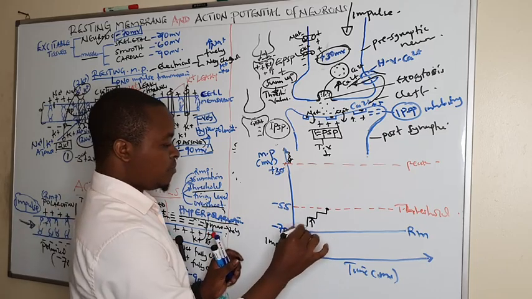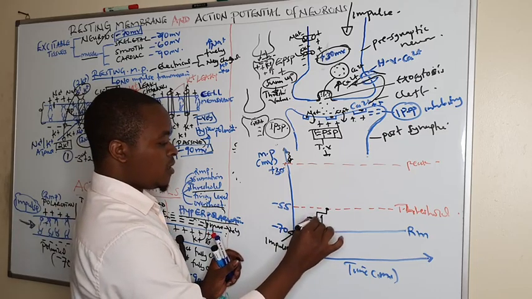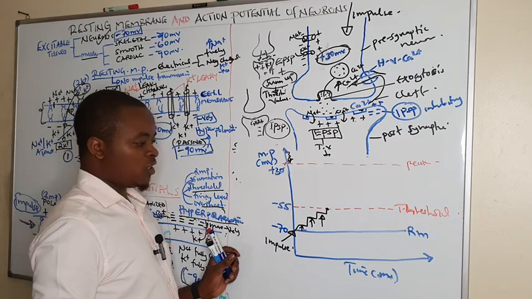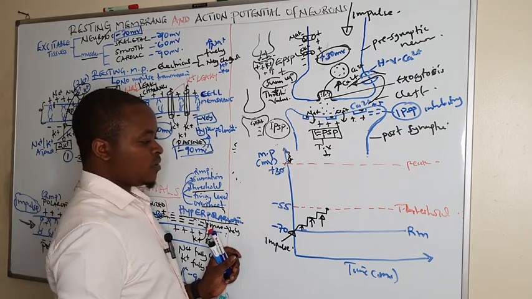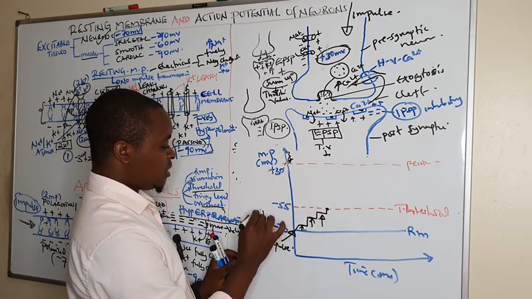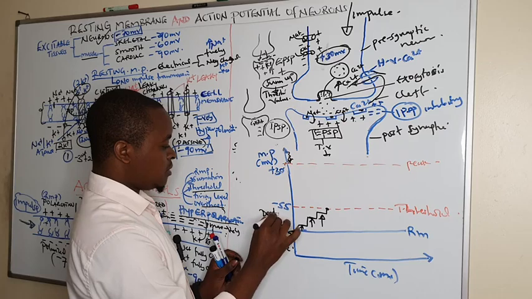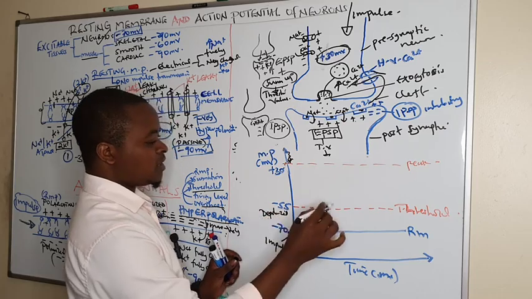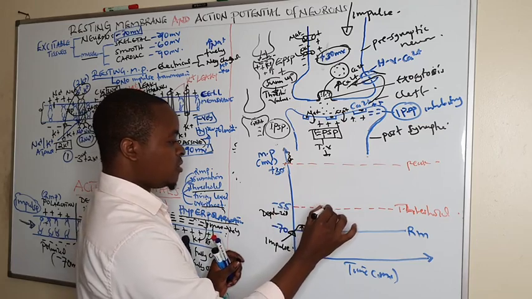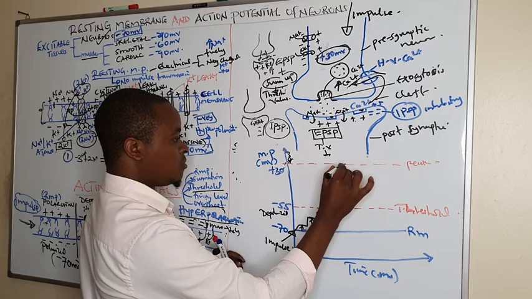When the cell reaches the threshold value, it is going to fire an action potential.